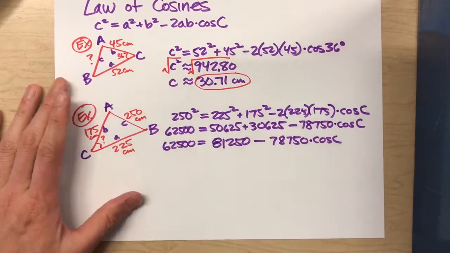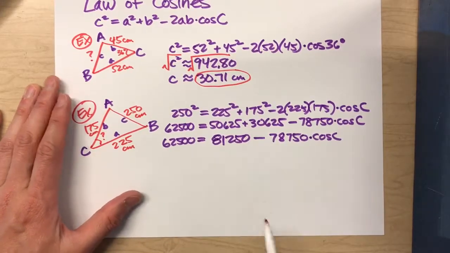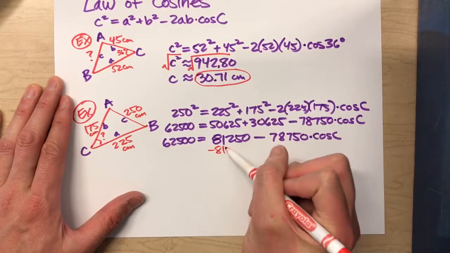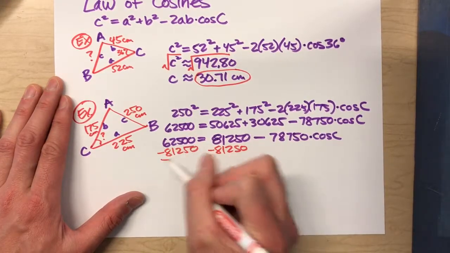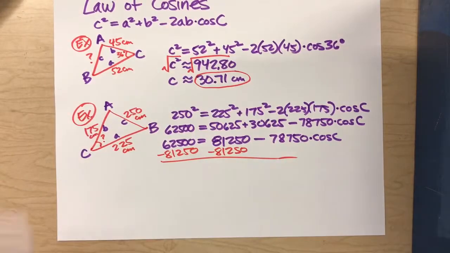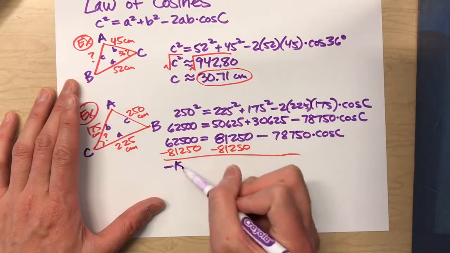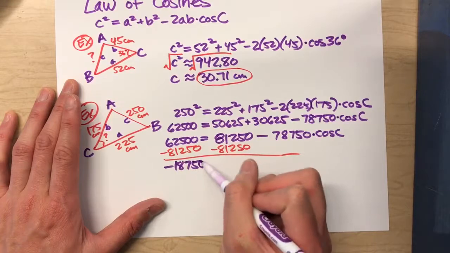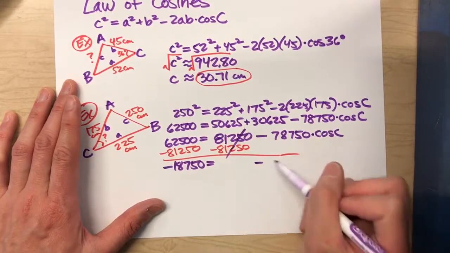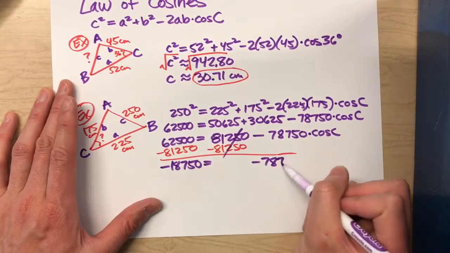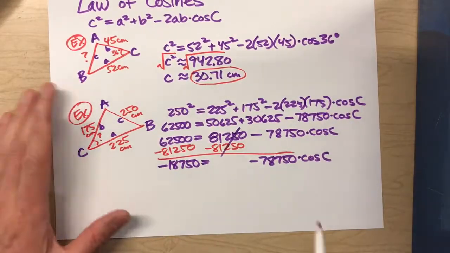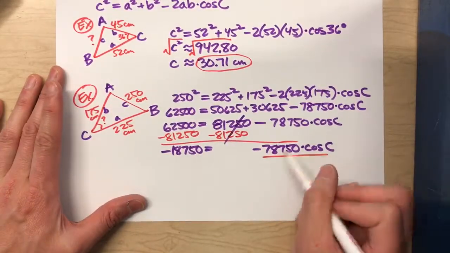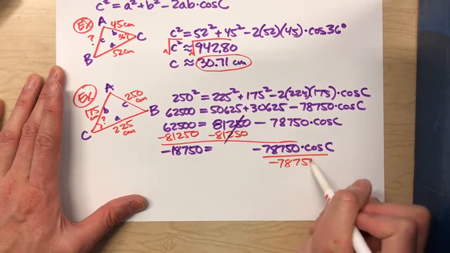Now, solve this equation and I can get my missing angle. I'm going to subtract 81,250 from both sides. I get negative 18,750 equals negative 78,750 times the cosine of C. Now I'm going to divide both sides by that negative 78,750.